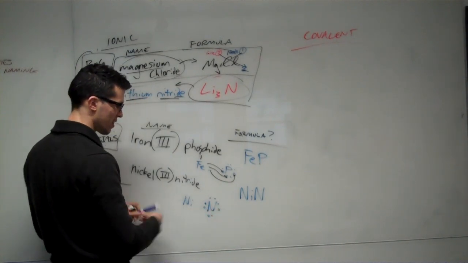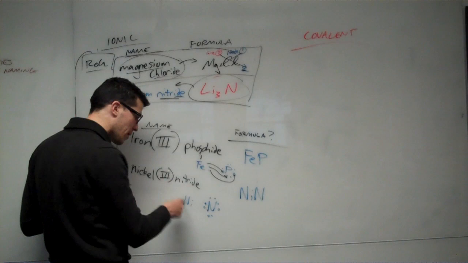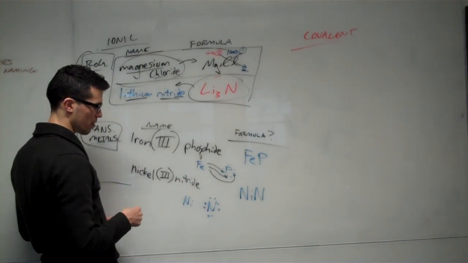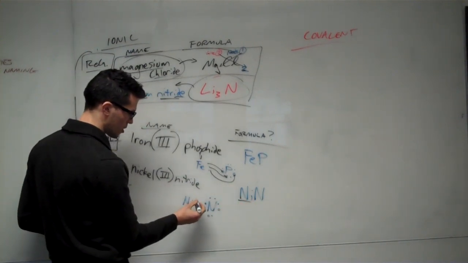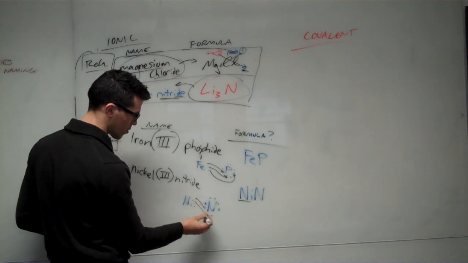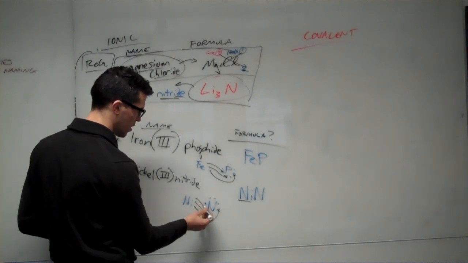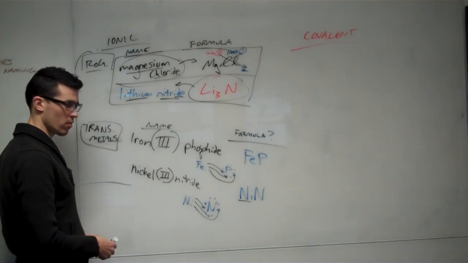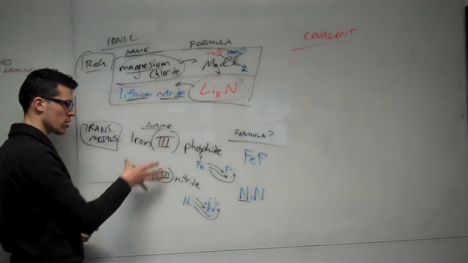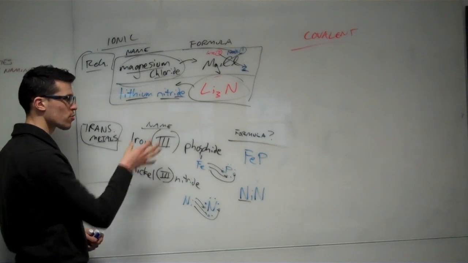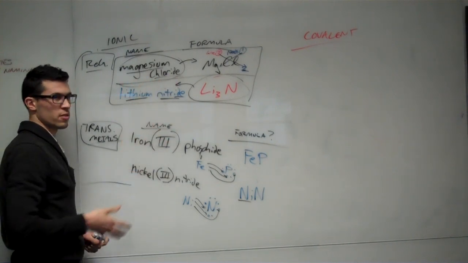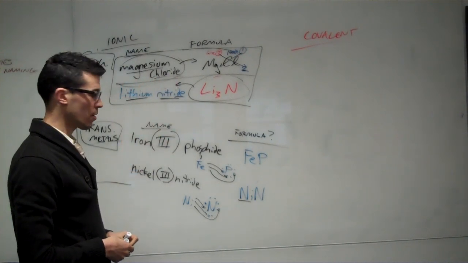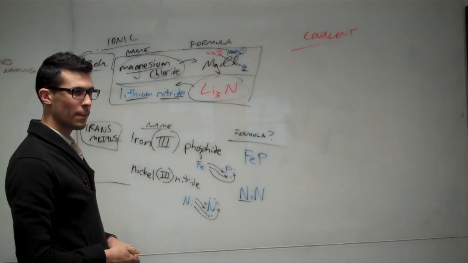So that means that this nickel right here must have given up 3. Since there's only one of them, it must have given up 3. So this must be nickel 3 nitride. You can tell these are trickier than this, but they're both ionic bonds. Questions about that?